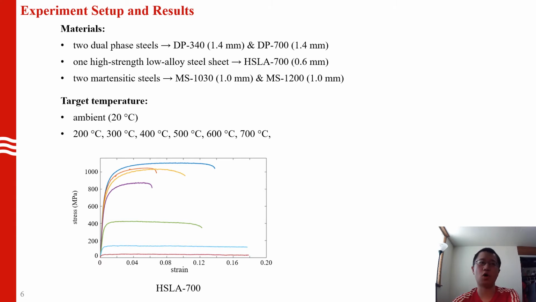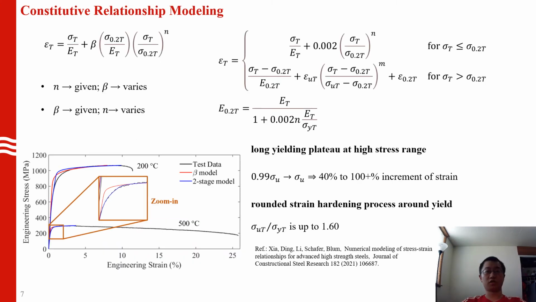So we have got the stress-strain curves from the test. Then we use this database to propose a model for this relationship at different elevated temperatures. First of all, we try to use existing models from the literature to fit our AHSS stress-strain curve database at elevated temperature.